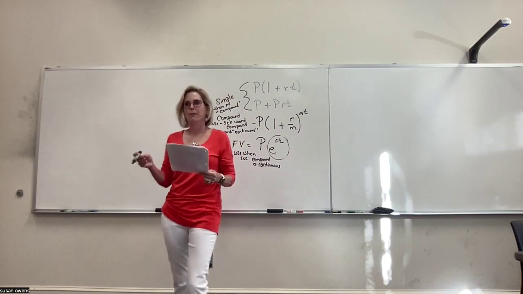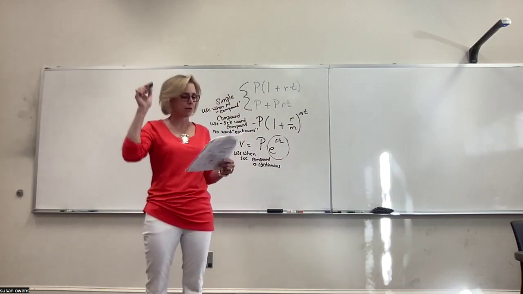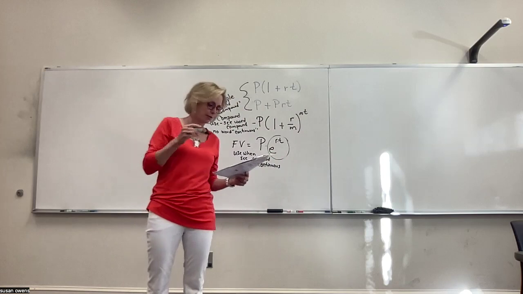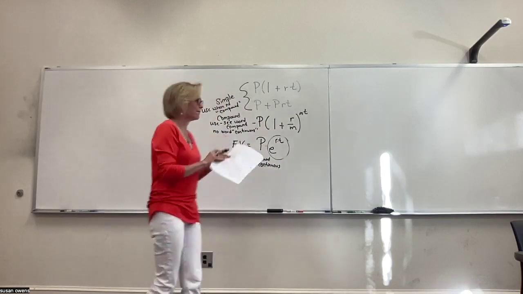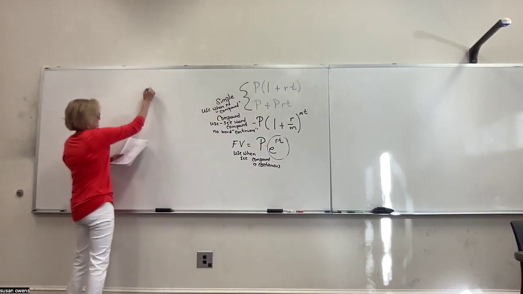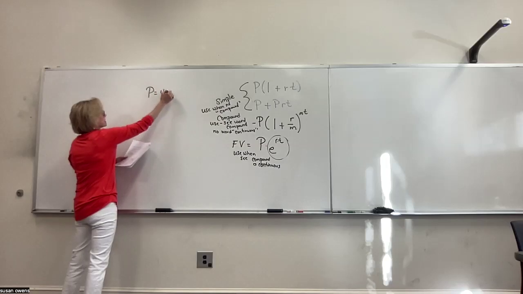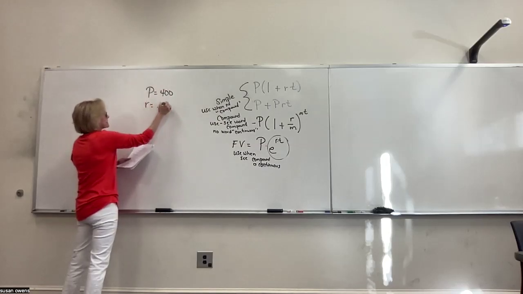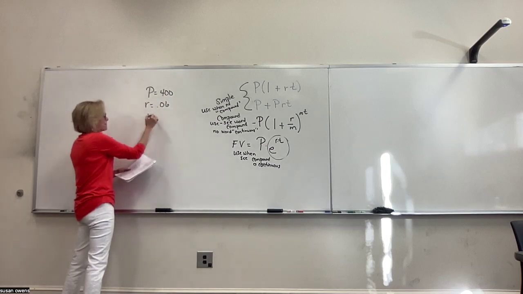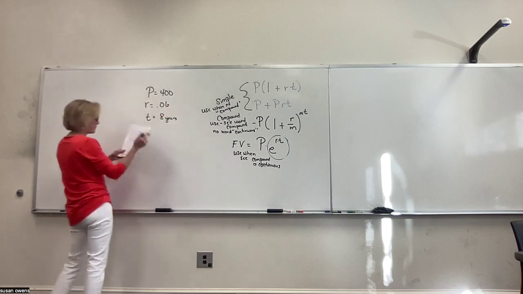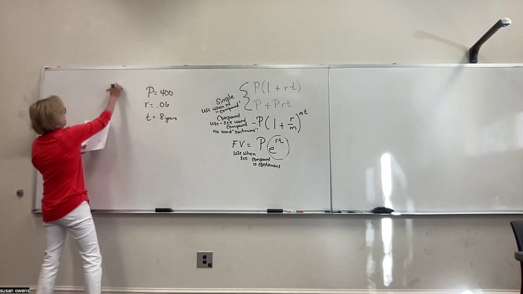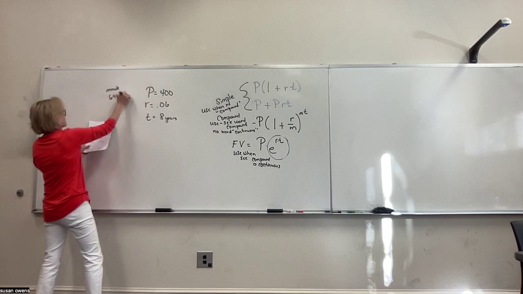All right, so let's look at that last problem that we just did, where we had simple interest compounded semi-annually. We went all the way to compounding it every minute. Let's look at what that principal of $400, a rate of 6% interest, and a time of 8 years will give us if we compound it continuously. Remember, if we did it every minute, the last one that we came up with was $646.42, I think.